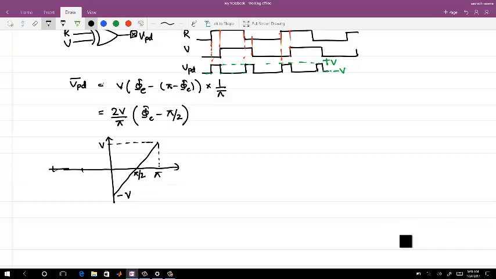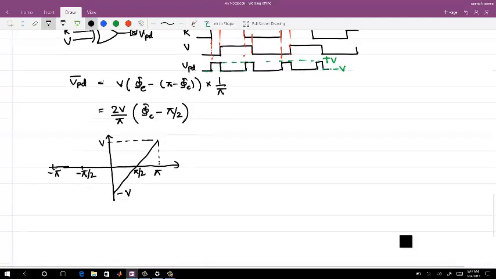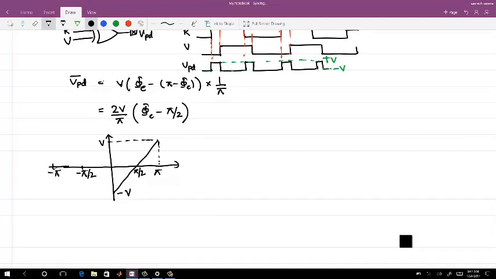So at phi_e equals minus pi by 2, minus pi, we have to shift it and then see. Okay, so that is fine. Let me just plot it. Just a minute.